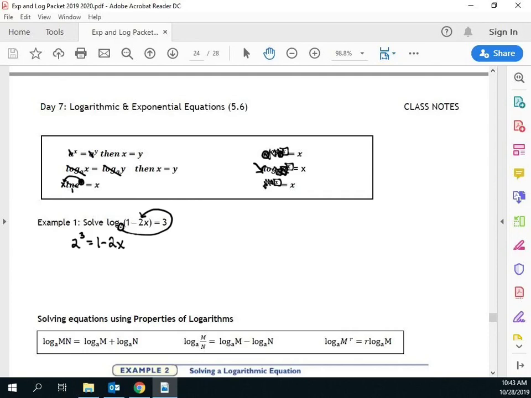So we solved this. What's 2 raised to the third power, guys? 8. There you go. After the 8's established, you can go and use simple algebra to solve the equation. You find out that x is equal to negative 7/2.